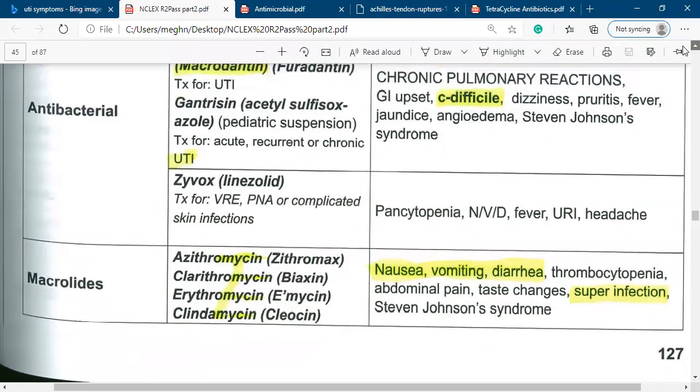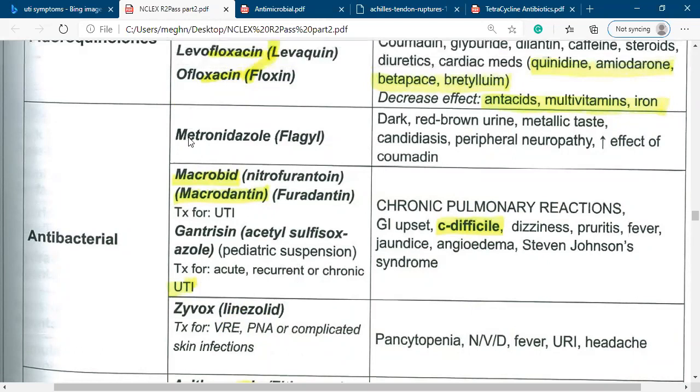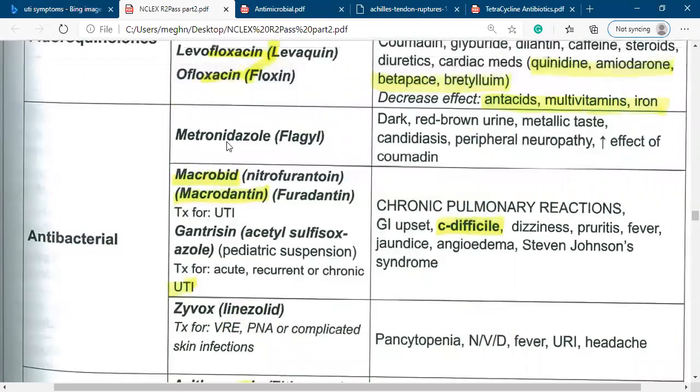Another antibiotic here, this is an antibacterial antibiotic, the group of medication we are going to talk about. This one is called metronidazole, shortly called Flagyl. Metronidazole we use for gastrointestinal infection, very bad diarrhea sometimes, although it is not an anti-diarrheal medication.